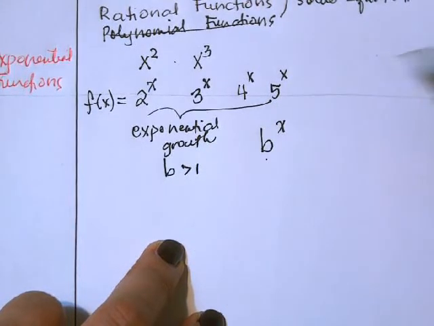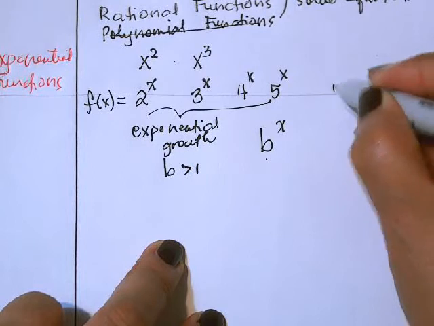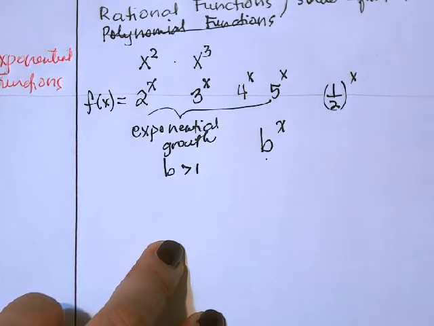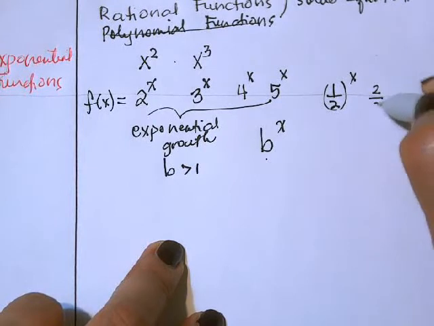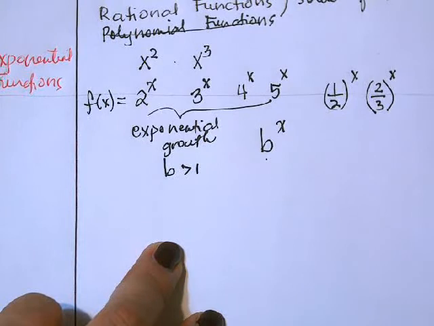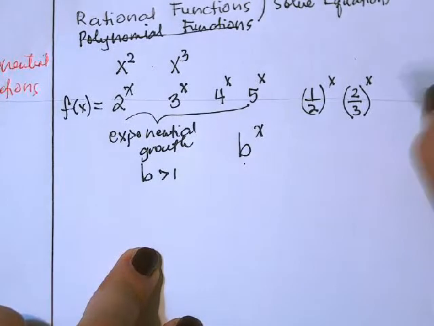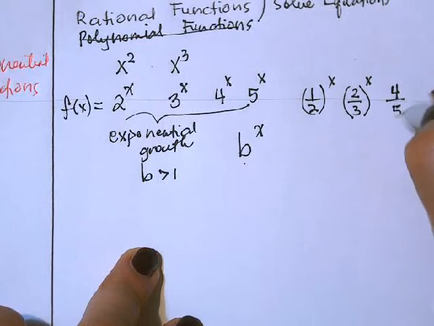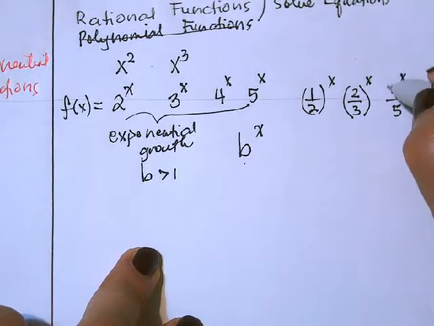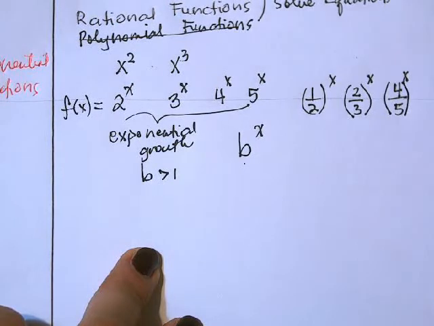What about if the base is smaller than 1? Let's say 1/2 to the x. Let's just put a parenthesis, or 2/3 to the x. Why do we put parentheses? If you have 4/5 to the x, you might think that you're only raising 4 to the x. Instead, you're raising 4/5.